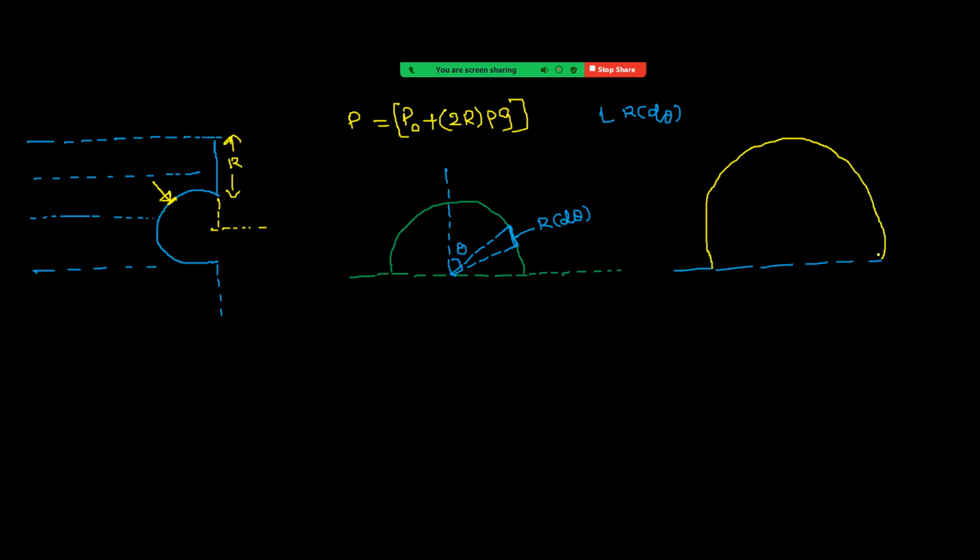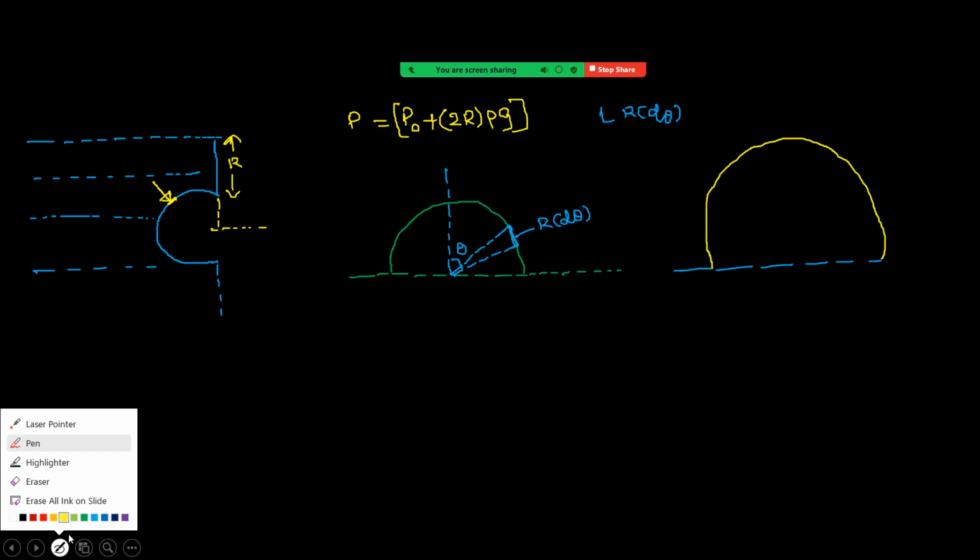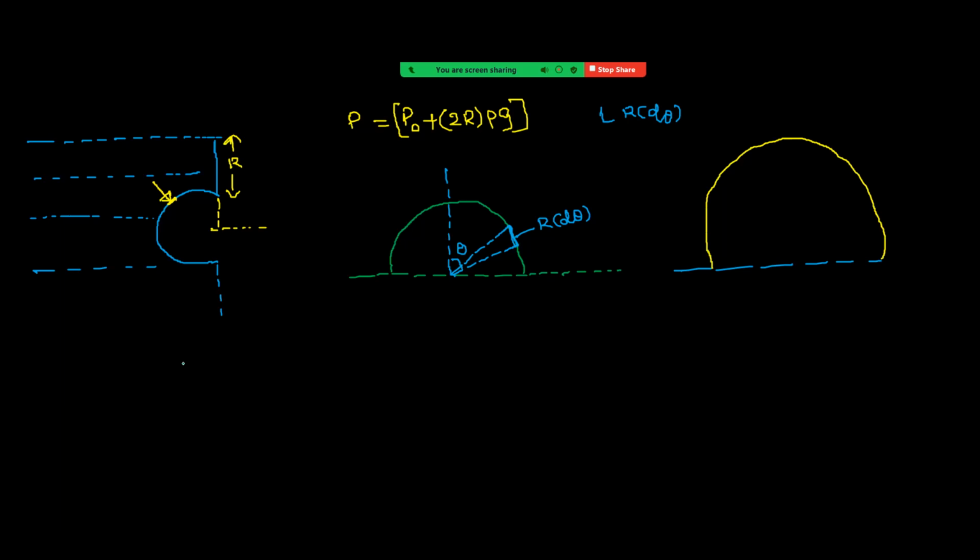This is now gate. We have taken one small part on that. You see, it's a projection here. Its length equal to r into d theta.